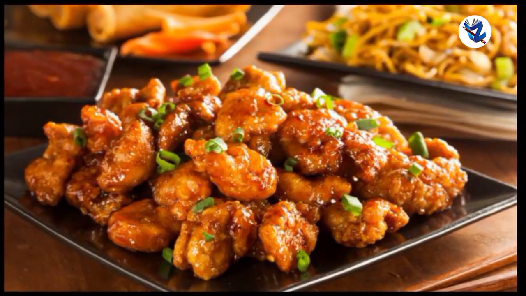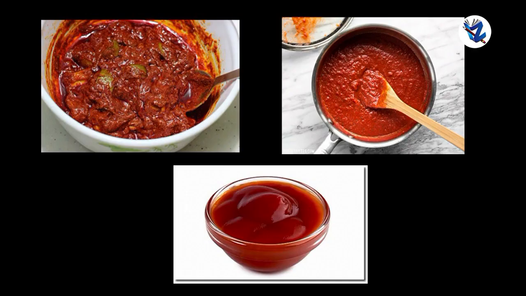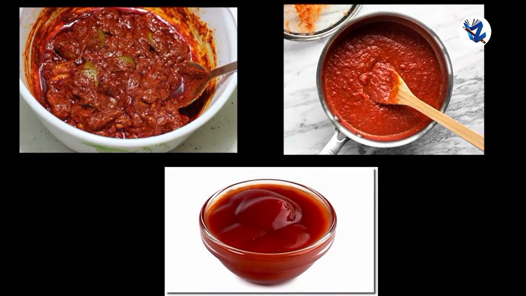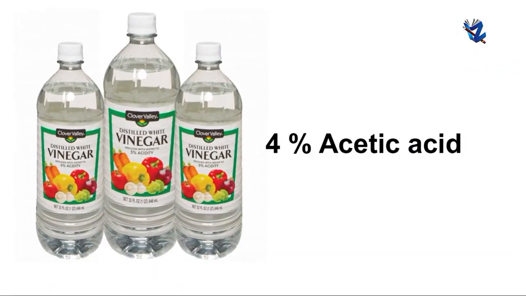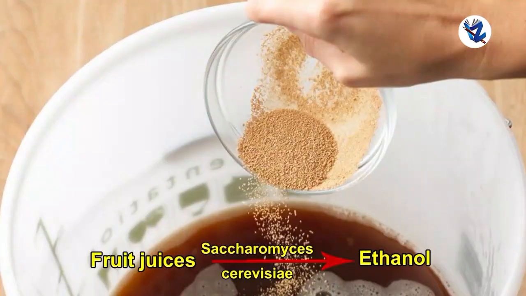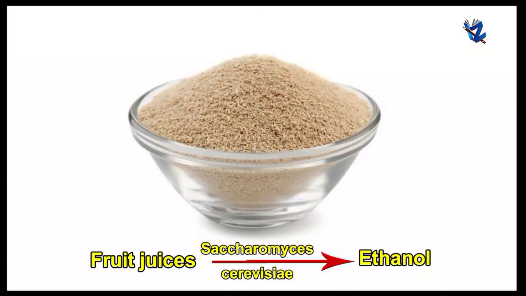Then vinegar production. Vinegar is used in every country of the world to impart sour taste to food materials and for preservation of pickles, sauce, and ketchup. Chemically, it is 4% acetic acid. Ethanol, an alcohol, is obtained by fermentation of carbon compounds like fruit juice with the help of yeast Saccharomyces cerevisiae.